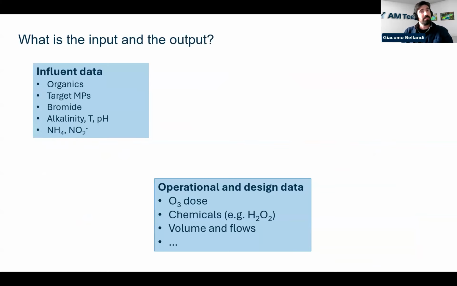But what are the inputs that we give to AMOZONE? We typically receive these questions, so it's important to mention that influent data such as water quality parameters, which are important in the context of the treatment that we're going to use, are typically used as input, as well as operational parameters such as the ozone gas concentration or the ozonated gas flow or chemicals that are used.